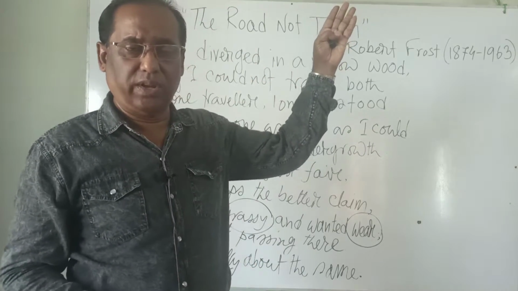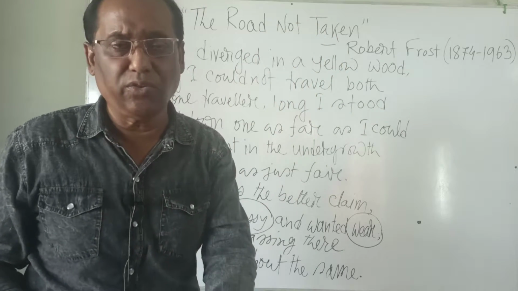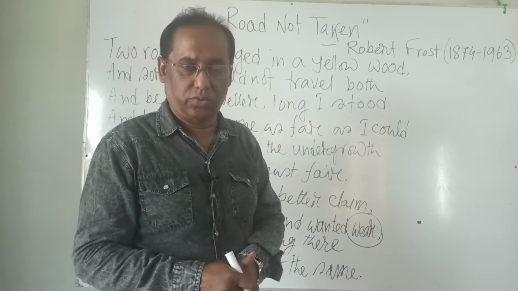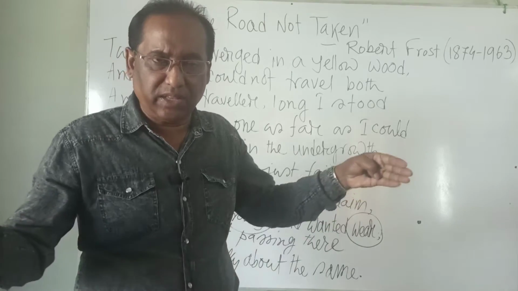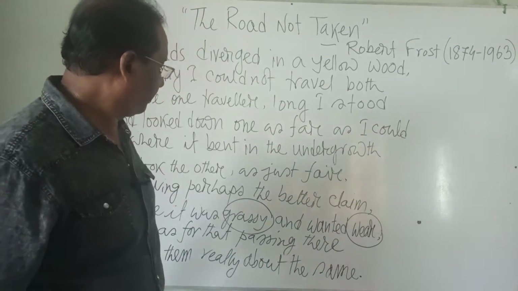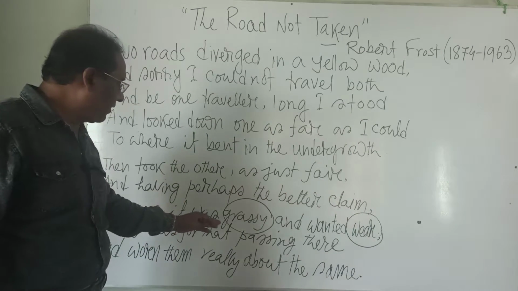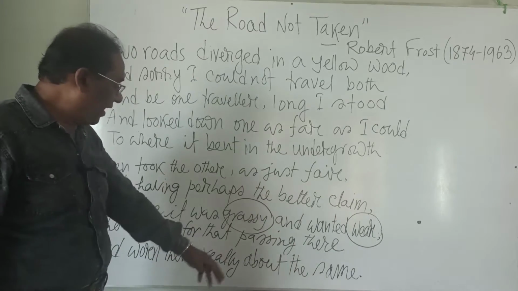The first road is common, but the second one is uncommon, a rare type of road. And this rarity makes the difference between the two roads. Though as for that passing there, had worn them really about the same.